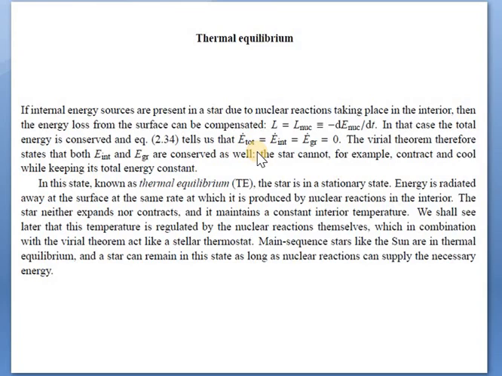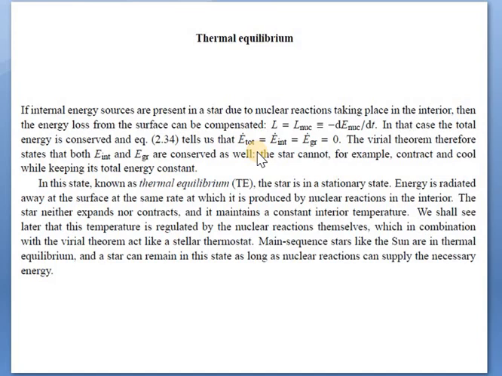In this case, the energy is radiated away from the surface at the same rate at which it is produced by the nuclear reactions in the interior. The star neither expands nor contracts, and it maintains a constant internal temperature. We will talk about this when I talk about nuclear astrophysics.